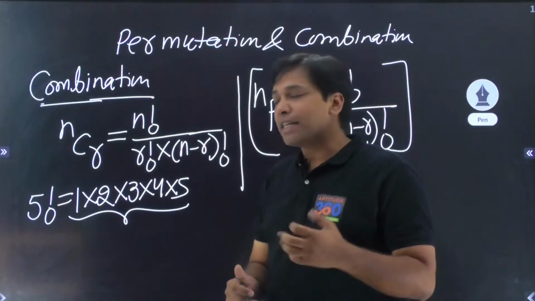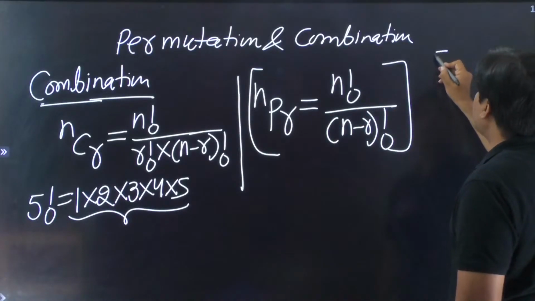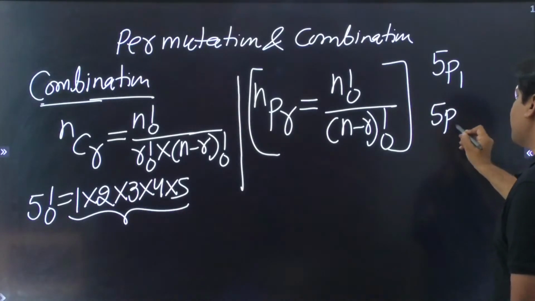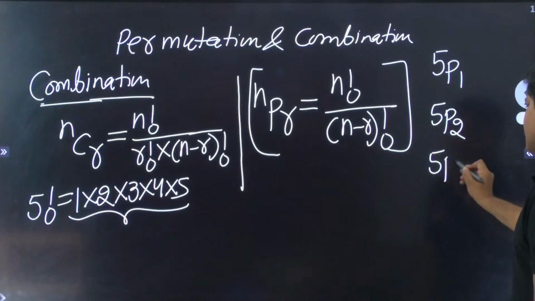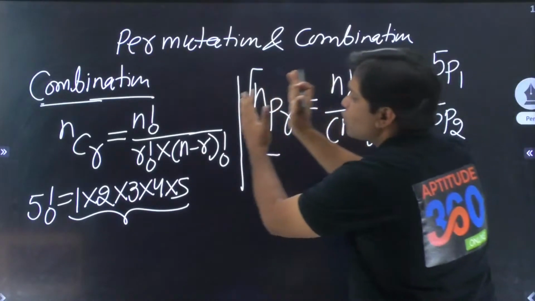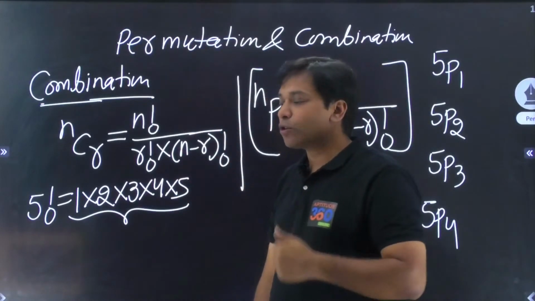So let us first find out what is the value of 5P1, 5P2 and 5P3 by using this, and then slowly we will be switching to the other formula and how we should be utilizing that. Is that okay?